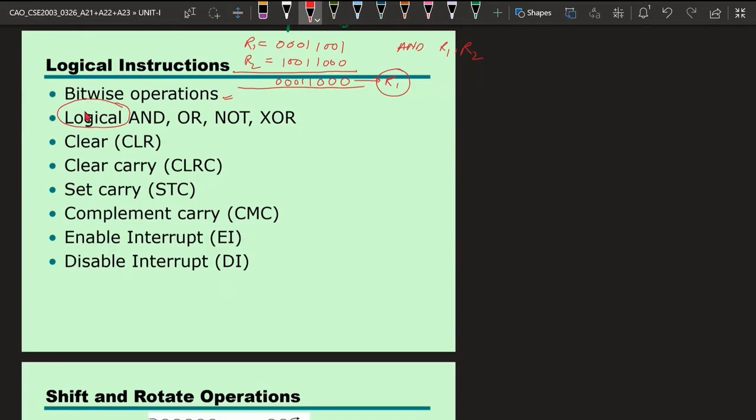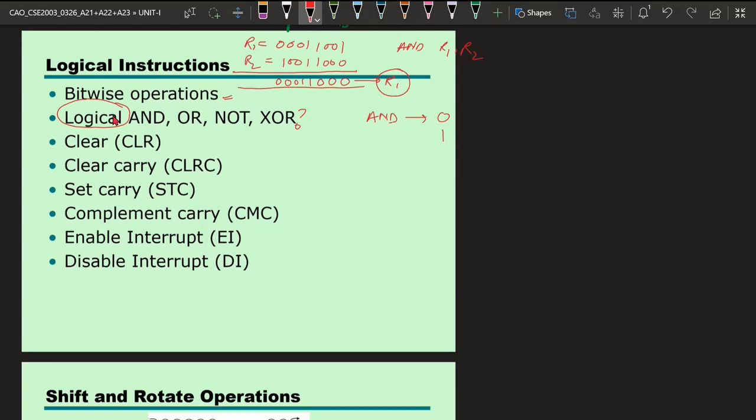How would you explain logical operations? In case of logical operations, whatever AND we perform, its output will be of Boolean nature, either 0 or 1.